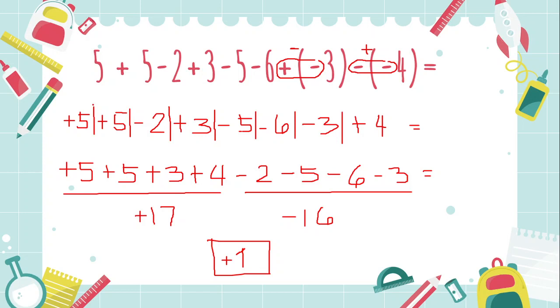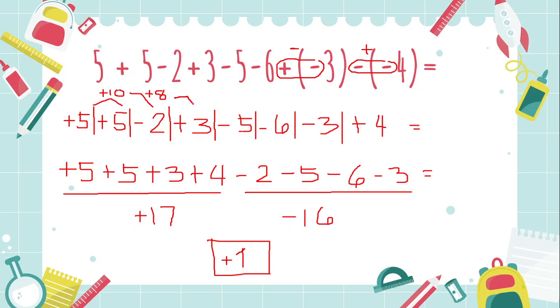So you have 5 plus 5, we have a positive 10. Next, positive 10 and negative 2. So you have positive and negative, therefore we need to subtract. 10 minus 2 is 8, and 10 is bigger than 2, and the sign of 10 is positive, therefore the result here is positive 8.